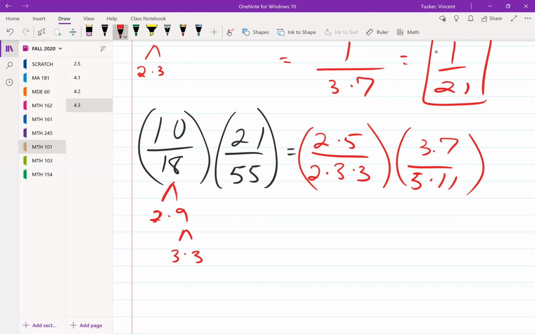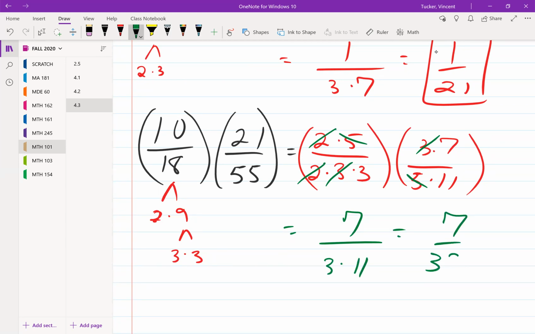All right, so we can cancel out the 2's. There's a 3 here and a 3 here, and a 5 here and a 5 here. On top, we have 7. On bottom, 3 times 11. That'll be 7 over 33.